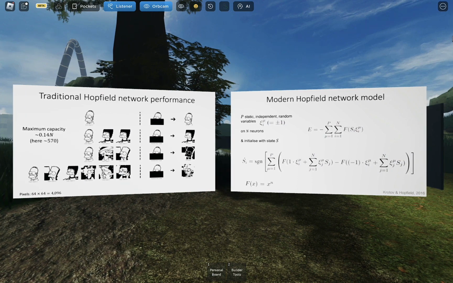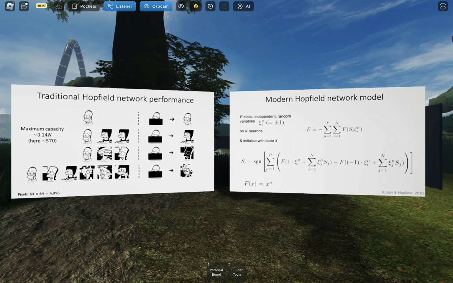So in the traditional Hopfield network, we can have binary patterns. So you can think of the patterns, for example, as plus and minus 1, and in a picture you could think of those as like black and white pixels. And in the following examples, each row is a different network.